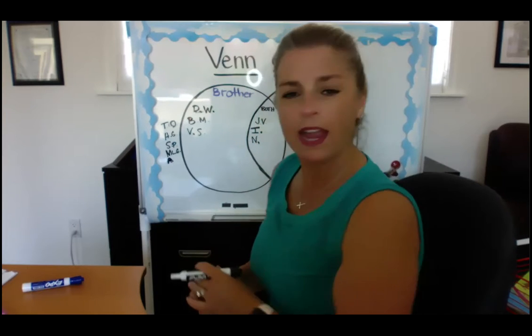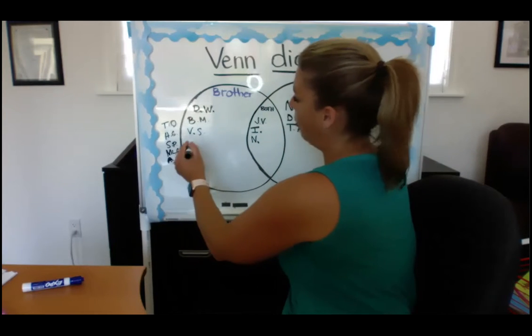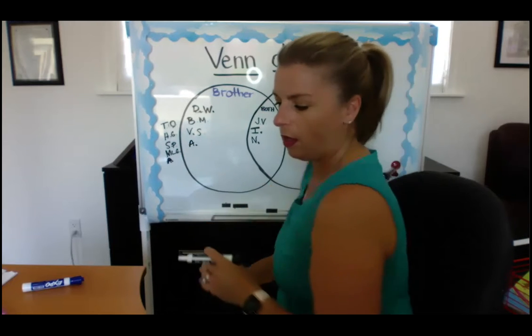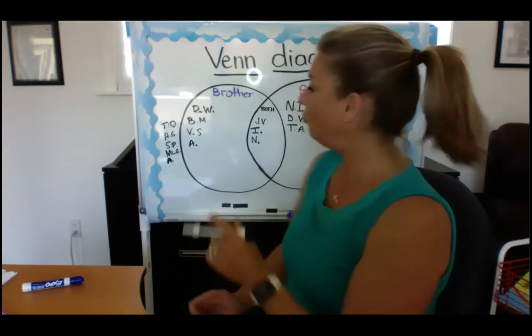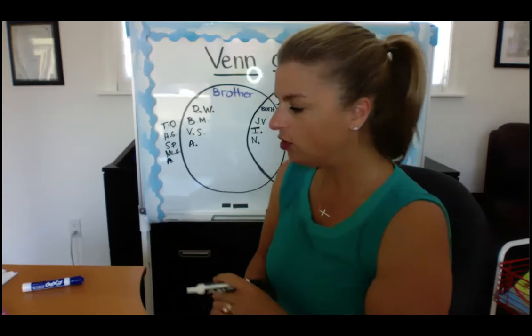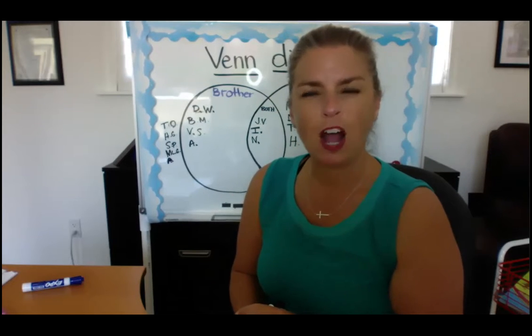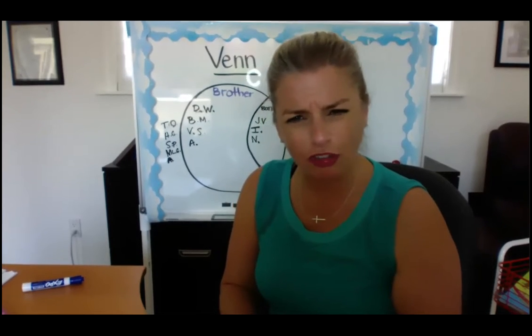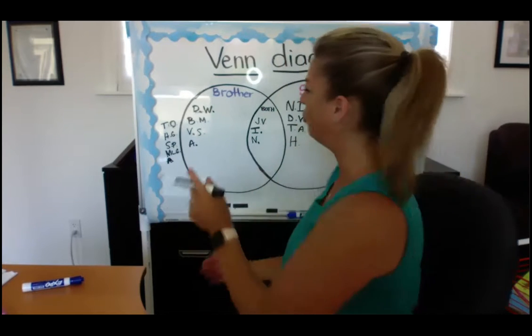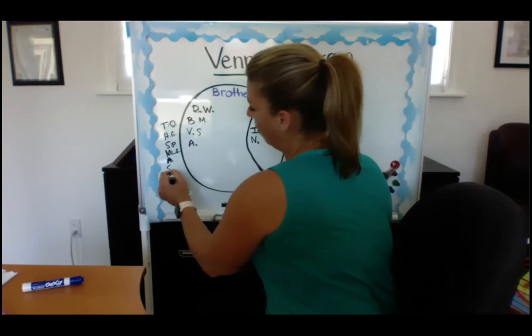Austin, I believe Austin has a brother. Hunter has a sister. Summer, I've heard Summer has a sister before because she's told me that, but I don't know if that's true. So I'm going to put Summer out here.